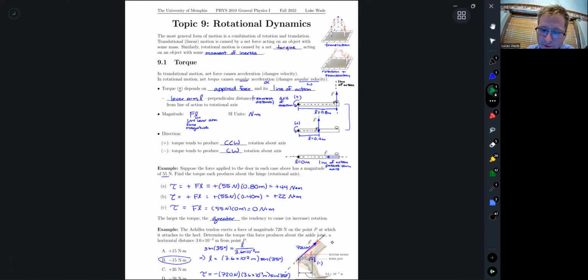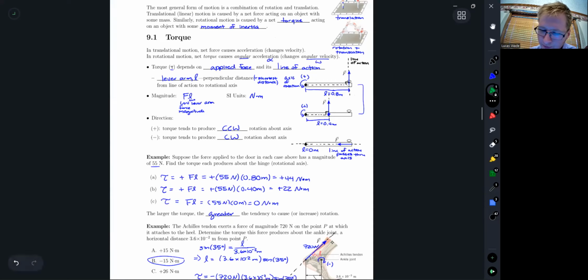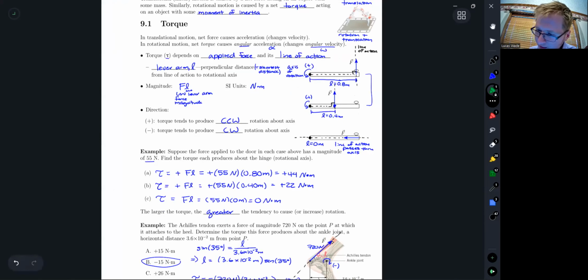So you have to have a force acting at some distance from the axis of rotation, meaning through some lever arm. And so torque depends on both the applied force and the line of action through which it acts. I think that can be a difficult concept, the line of action.